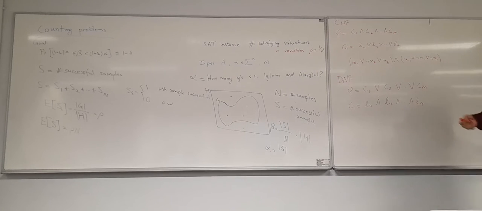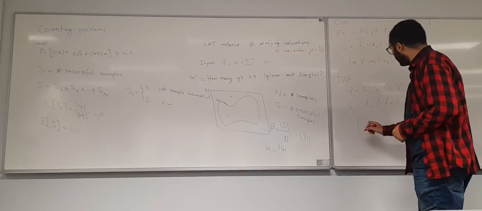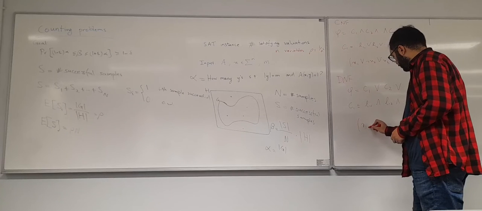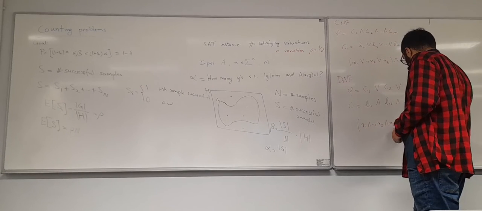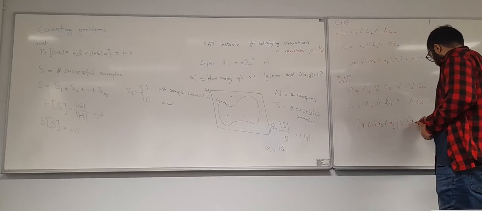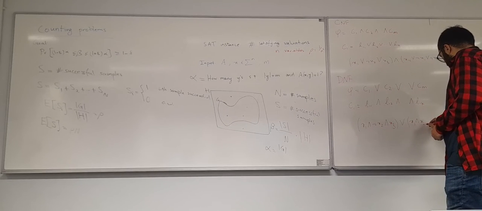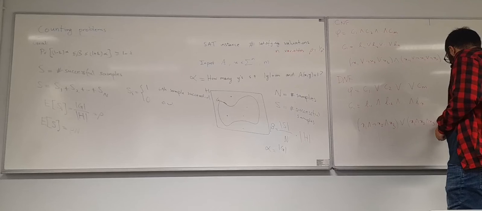So for example, in DNF, I can have something like (x1 and not x2 and x3) or (x1 and x2 and x3 and x4).